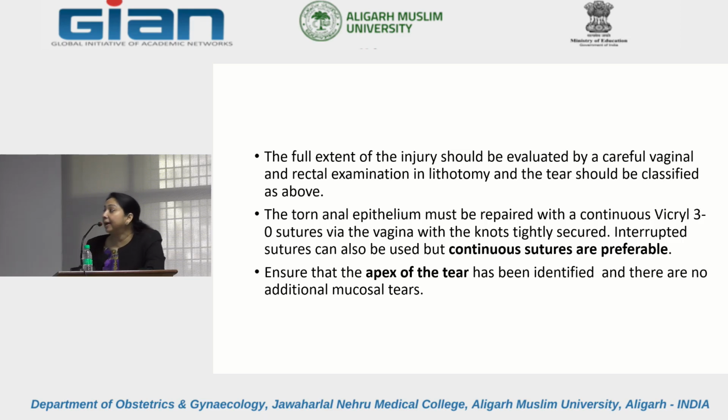The torn anal epithelium must be repaired with continuous Vicryl 3-0 sutures. And it is very important to take the apex of the tear. If you do not take the apex, the patient may later develop fistula or incontinence. That's why examination, diagnosis and the first primary repair are the most important part of OASIS repair.